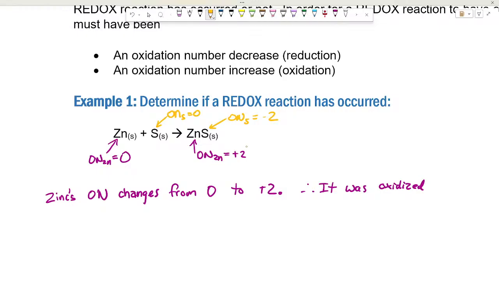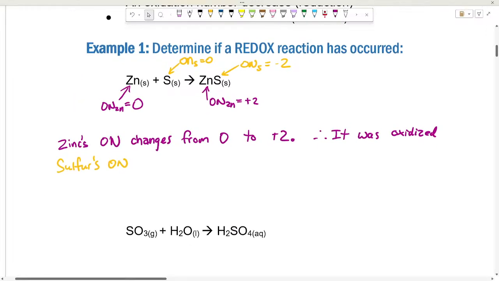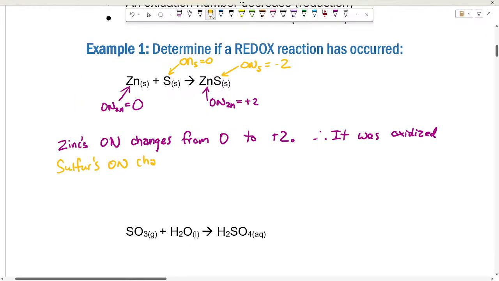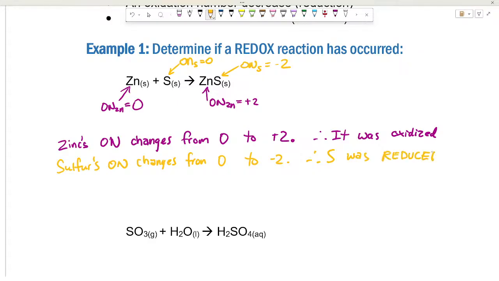Zinc being positive 2 and sulfur being negative 2 balances out to 0. So sulfur's oxidation number changes from 0 to negative 2. Therefore, sulfur was reduced. And that means this is a redox reaction.